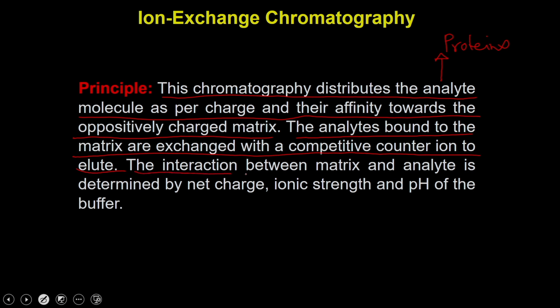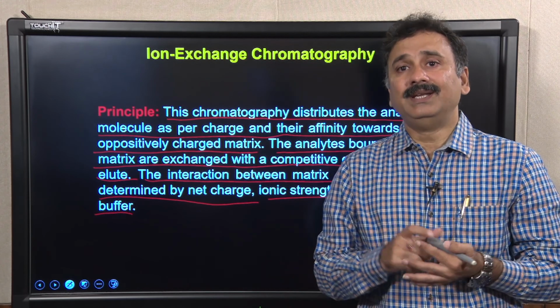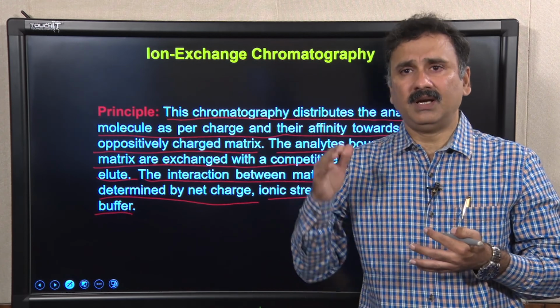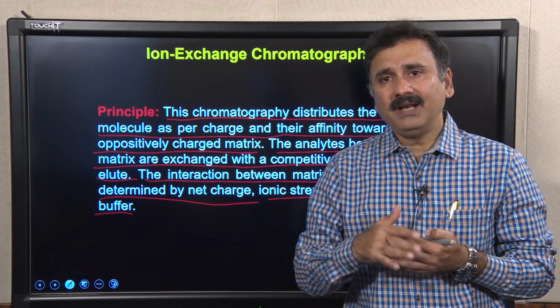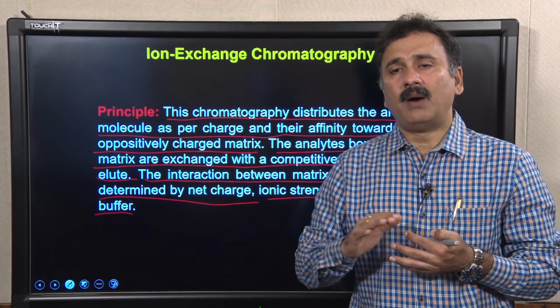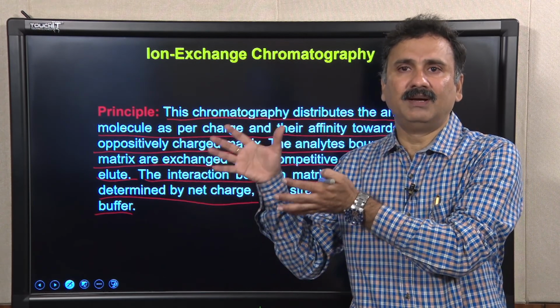The interaction between the matrix and the analyte is determined by the net charge, ionic strength and pH of the buffer, which means this ion exchange chromatography exploits the intrinsic charge, whether positive or negative, present on the protein, and its interaction with the oppositely charged groups present on the matrix.